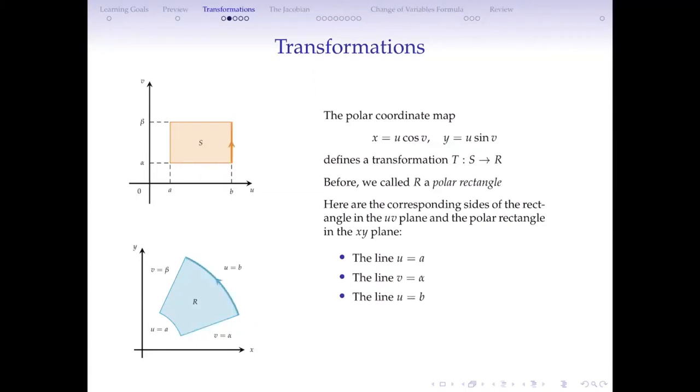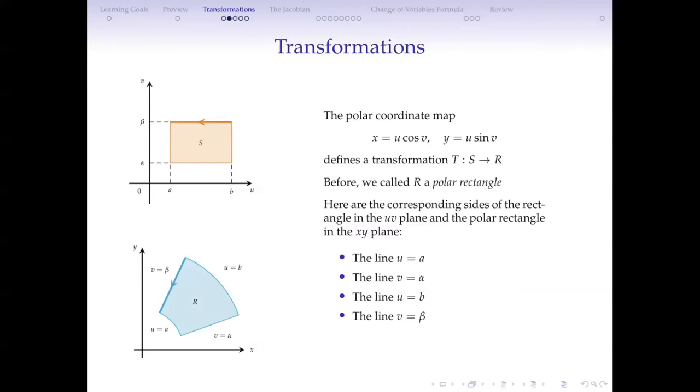As I traverse the line u equals b, where v is varying from alpha to beta, I'm moving along the outer radius of the polar rectangle from angle alpha to angle beta. And finally, as I traverse the line v equals beta, from r equals b to r equals a, I'm going back from the outer circle to the inner circle. So that's how this transformation of a rectangle into a polar rectangle works.